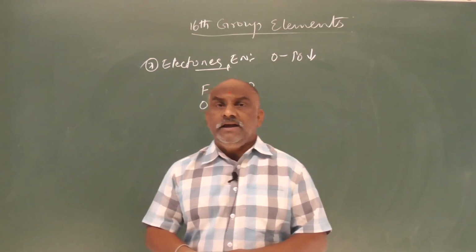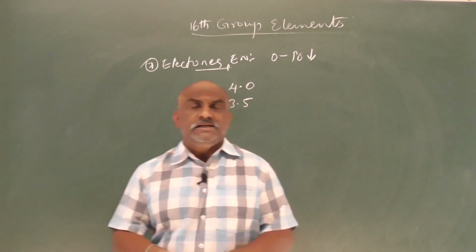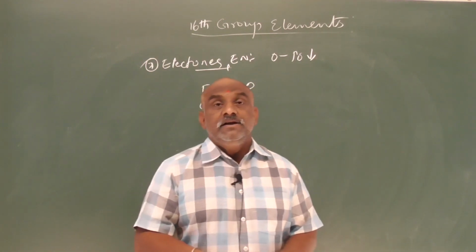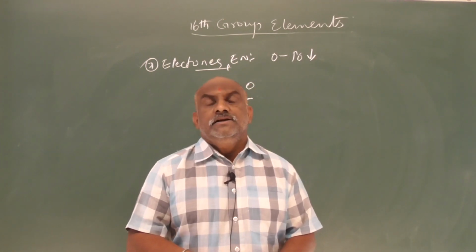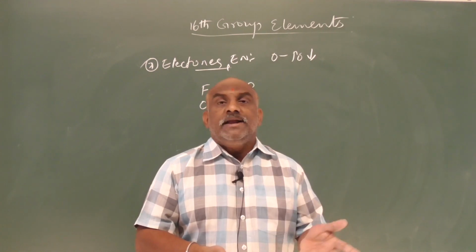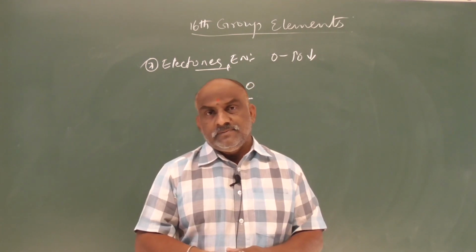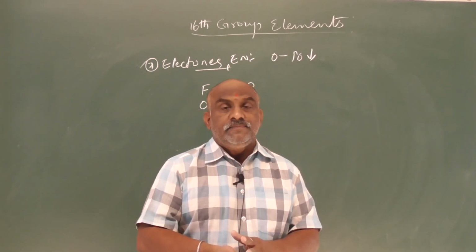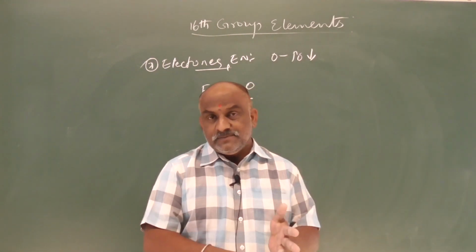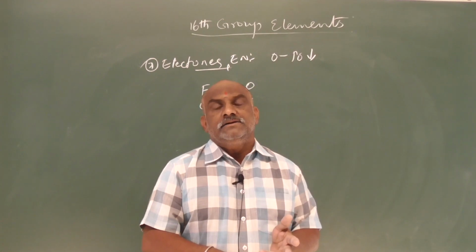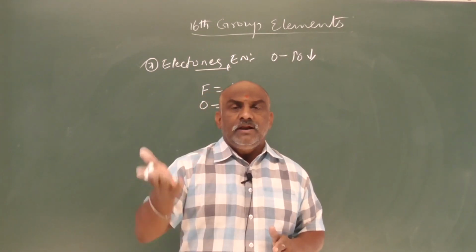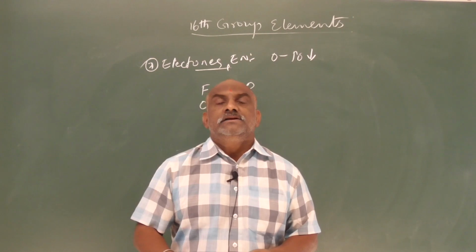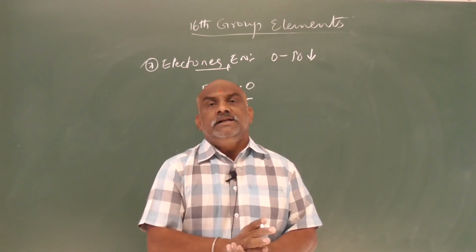Electronegativity is completely related to size. Once size increases, electronegativity decreases and electropositivity increases. Electropositivity increasing means metallic character increases. Electronegativity decreasing means metallic character increases; electronegativity increasing means more non-metallic, and less electronegative means metals. Clear.